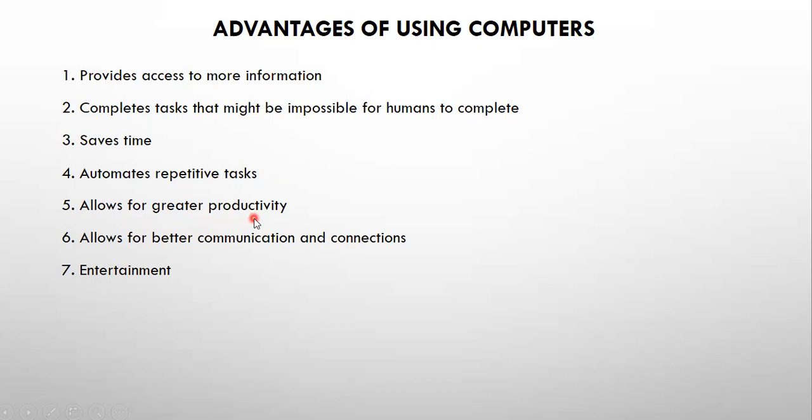It allows for greater productivity because, as we said, it saves time and automates repetitive tasks, which allows for greater productivity in an environment. It allows for better communication and connections, that's through the network. Entertainment, which most of you will be familiar with. That's an advantage of using computers.